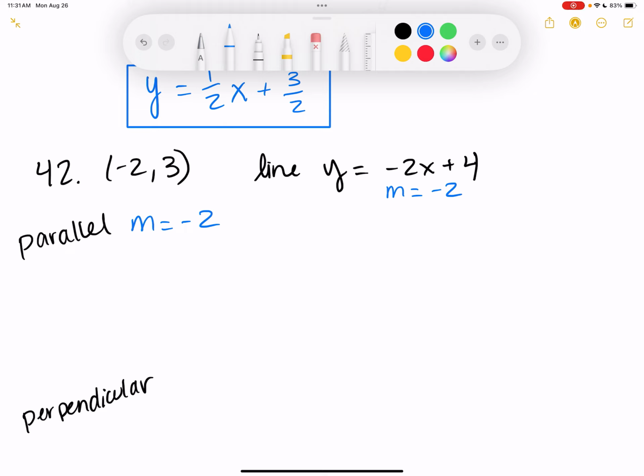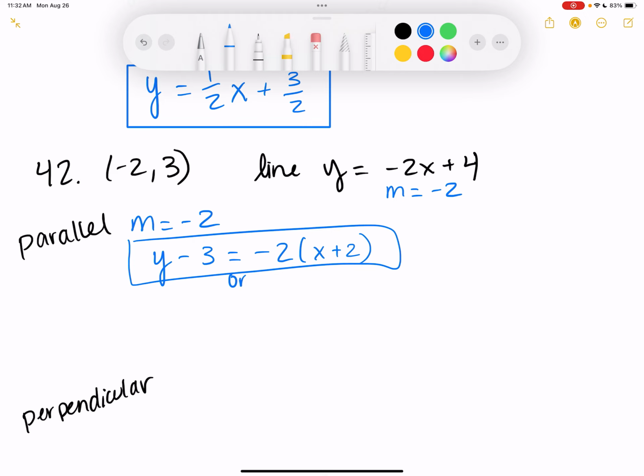I usually use point slope or slope intercept. I don't really like standard form, but if you like that one, you can use that. So y minus 3 equals -2 times x plus 2. You can leave it there, or you can go farther and say y equals -2x minus 4 plus 3. So y equals -2x minus 1.